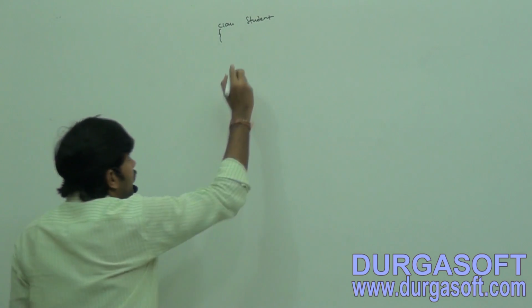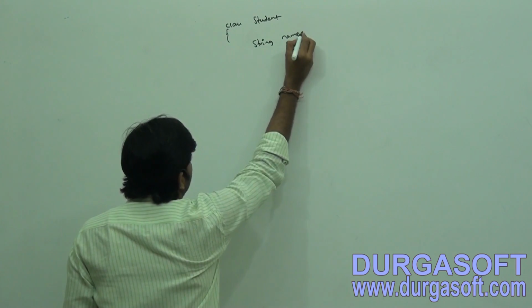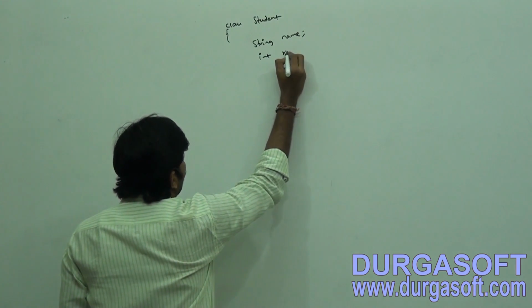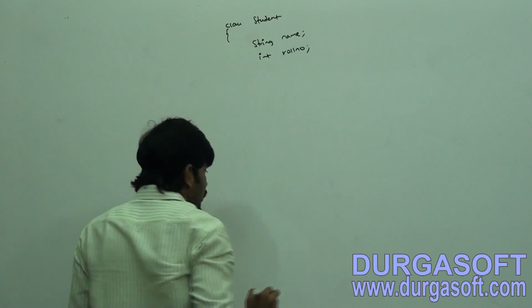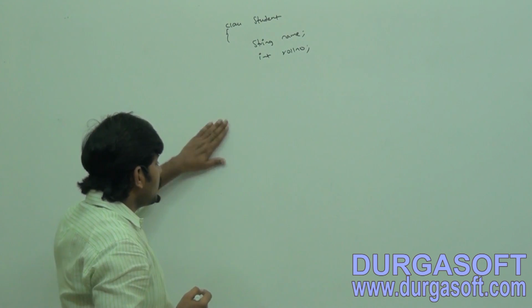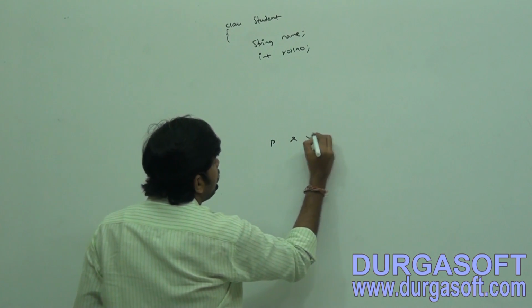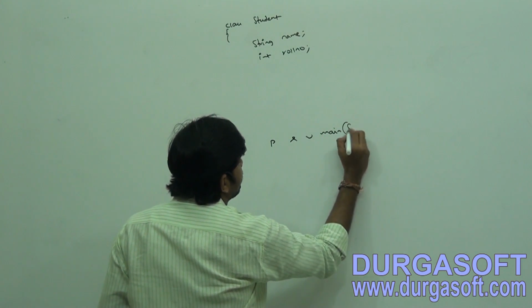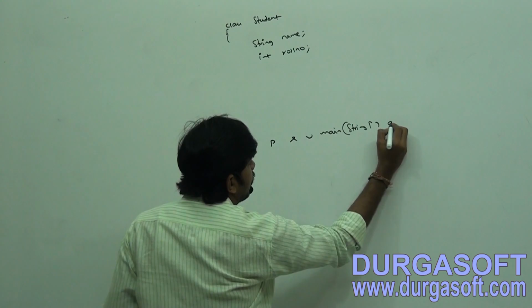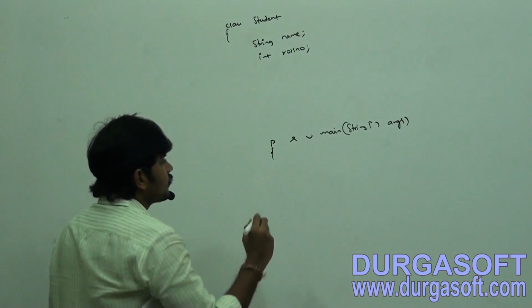Now for every student, name and roll number must be there. Now observe public static void main(String[] args).